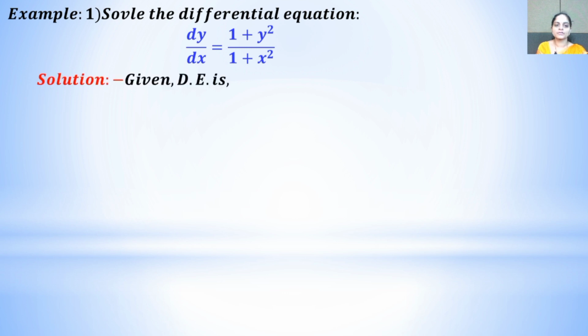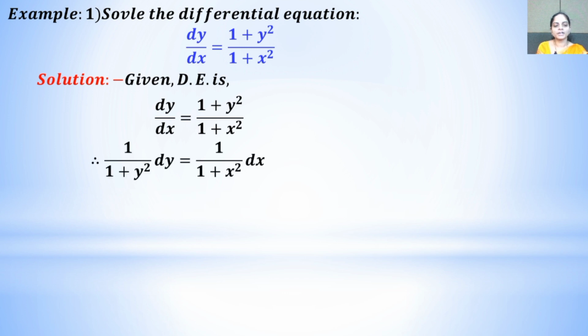Let's start our solution. First we write the given differential equation: dy by dx is equal to 1 plus y square divided by 1 plus x square. To convert to variable separable form, we take the terms of x on LHS and the terms of y on RHS. Therefore, 1 divided by 1 plus y square into dy is equal to 1 divided by 1 plus x square dx.